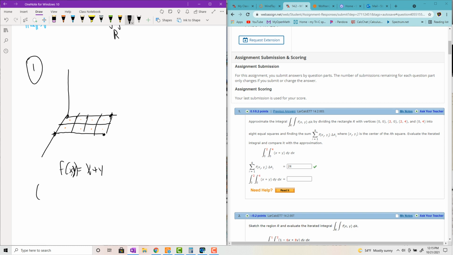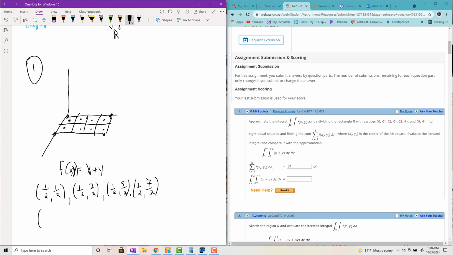Okay, so the coordinates, because they're midpoints, it's just going to be for this first one right here that I put in black. That'll be at 1/2 comma 1/2, and then I'm going to go across like this, right? So I just move the y coordinate over by 1. So the second one would be 1/2 comma 3/2, and then I have 1/2 comma 5/2, and then 1/2 comma 7/2, and then for the next set of 4, you add 1 to the x coordinate.